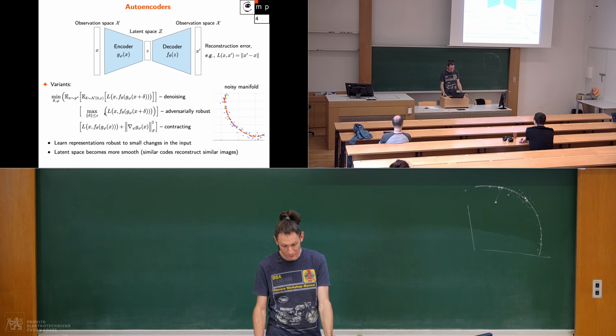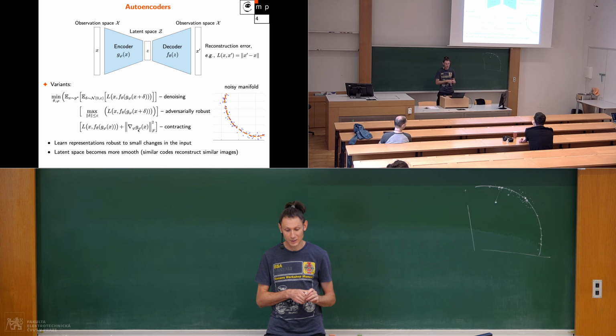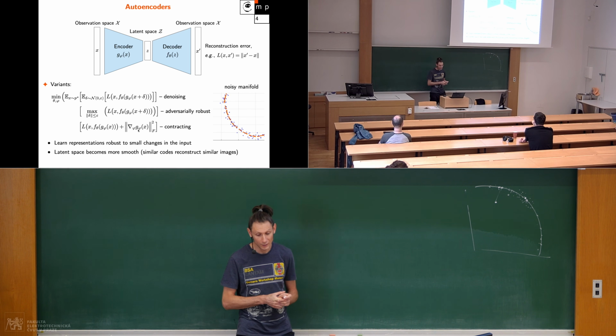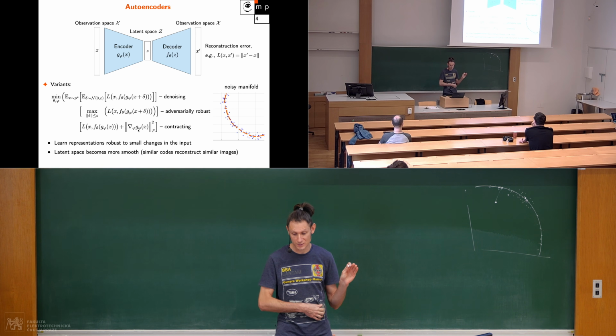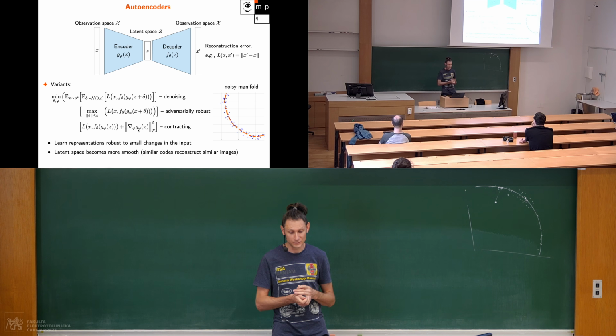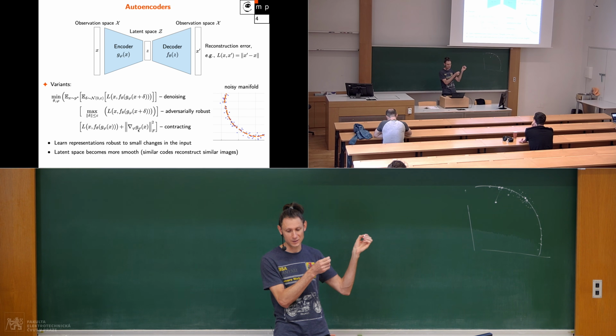There was also a variant called the contractive autoencoder, which adds a penalty on the gradient of the encoder. What this enforces is that around our data points the gradient of the encoder is small, so the encoding would not change much if we change the input.